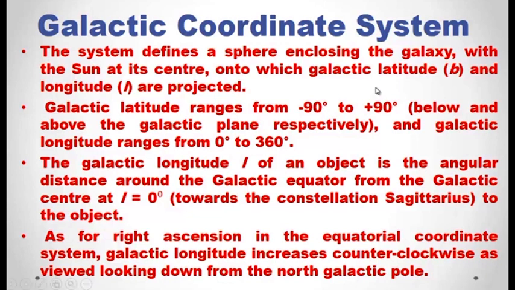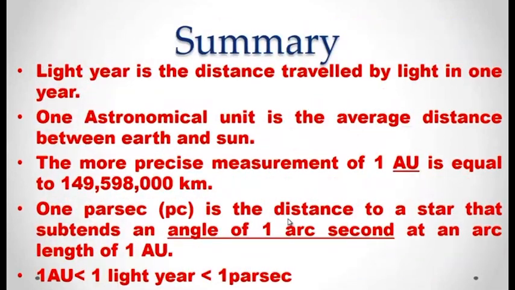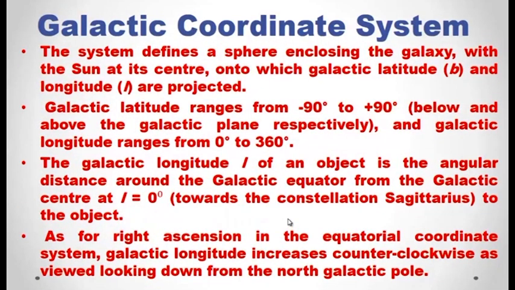So, the system defines a sphere enclosing the galaxy with the sun at its center, onto which galactic latitude, here I used B, and longitude L are projected. Galactic latitude ranges from minus 90 degrees to plus 90 degrees below and above the galactic plane. The galactic longitude of an object is the angular distance around the galactic equator from the galactic center. So, galactic coordinate systems are used to find the position of an object in the galaxy.